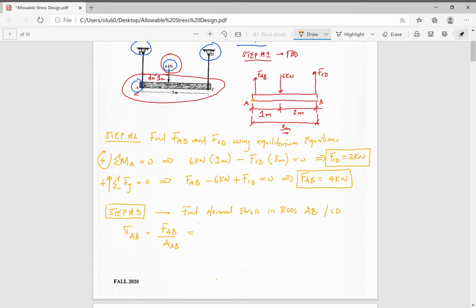The force of AB was 4 kilonewtons, divided by the cross-sectional area, which was 12 millimeters squared.